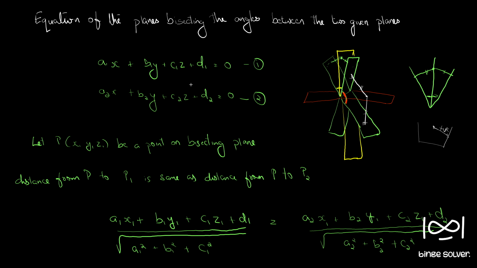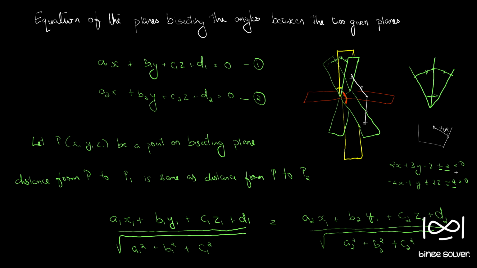So why does that happen? Suppose we have the plane equation as 2x plus 3y minus z plus 2 equal to 0, and say minus 4x plus y plus 2z minus 4 equal to 0. So here d1 is of plus sign and d2 is of minus sign.